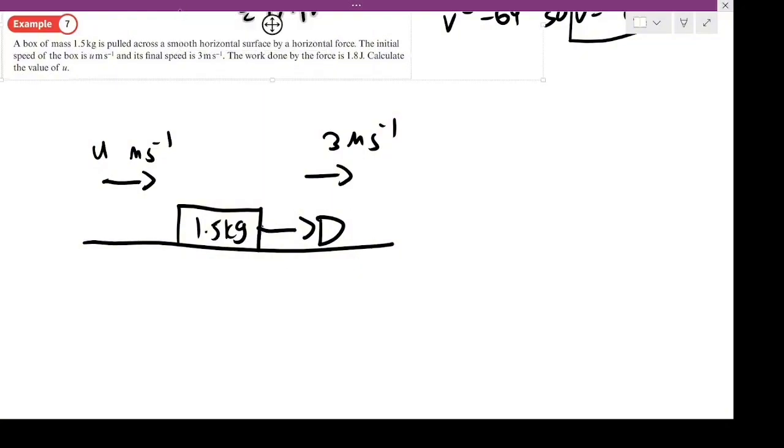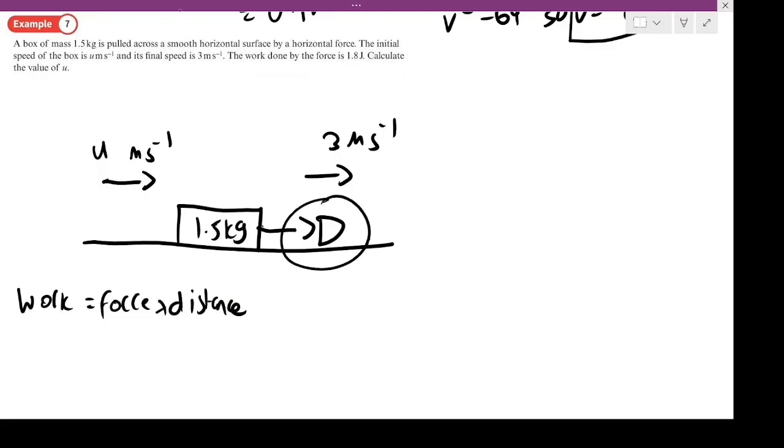So this force D that's pulling it forward, the work done is 1.8. Now, you might be thinking, well, work done is force times distance. I think that could be quite complicated because we're not given the distance, and we don't know what the force is either. So we're missing both of these ingredients.